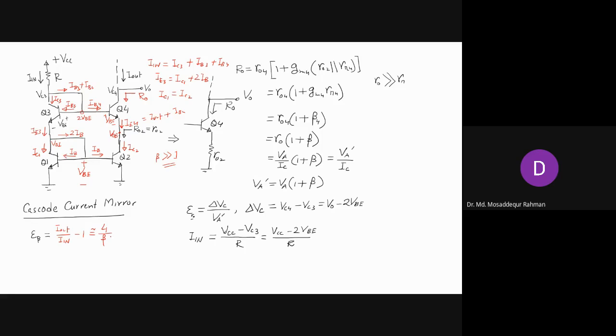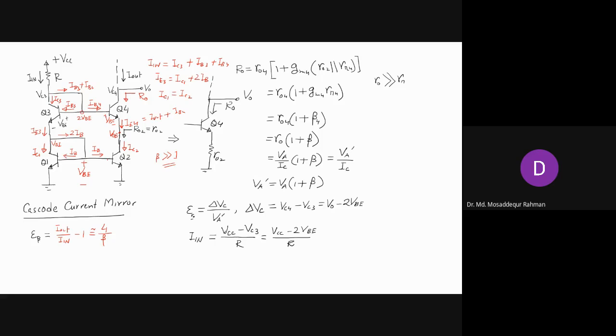So while there's a significant improvement in the error due to finite output resistance, the error due to finite beta gets worse. It increases. And that is only logical because this input current I in now has to supply the base current for these 4 transistors.